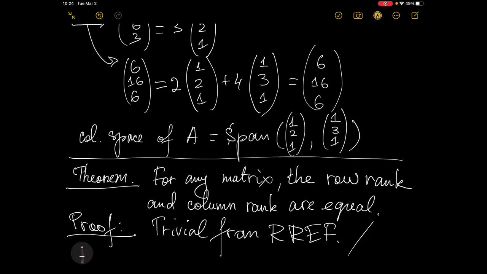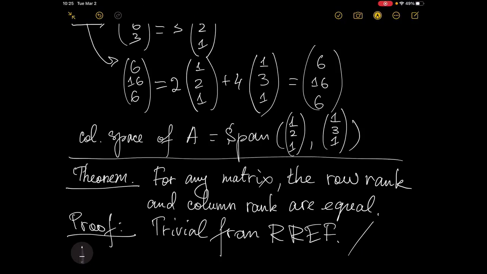We have this lemma. But if you bring it to the reduced row echelon form, essentially it means that the number of non-zero rows in the reduced row echelon form gives you the row rank, right?